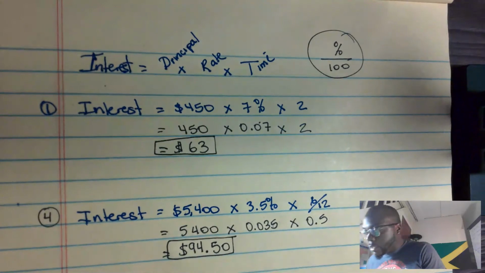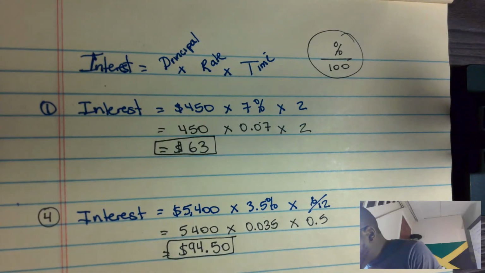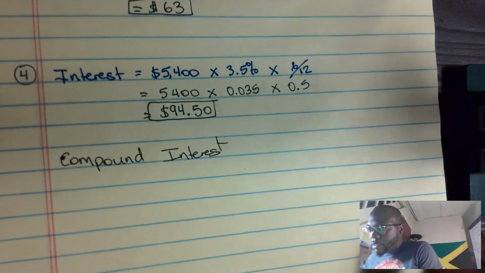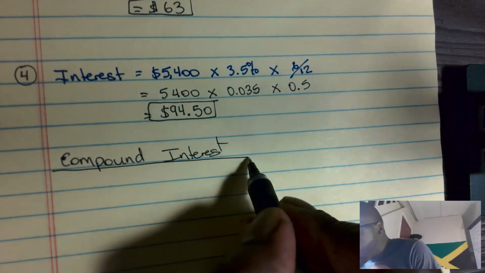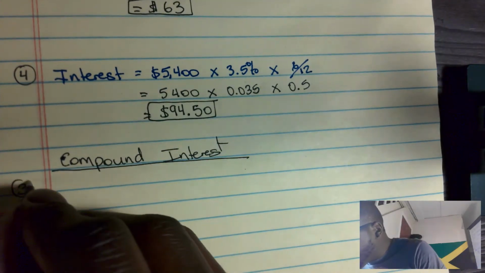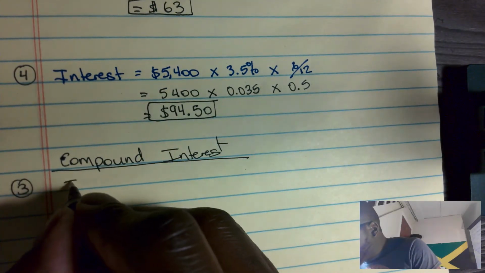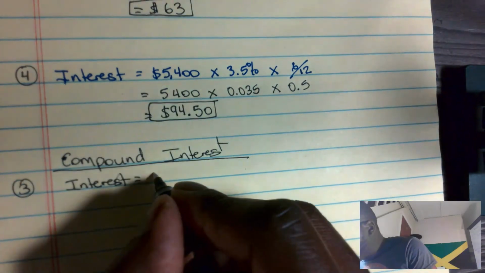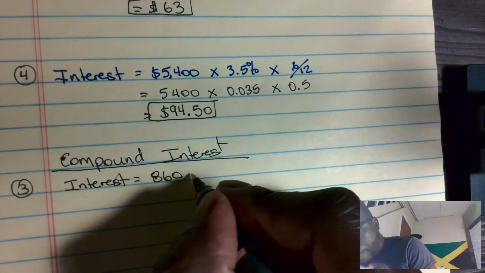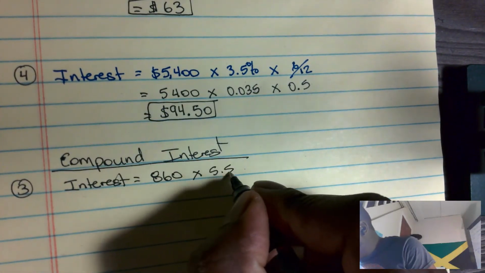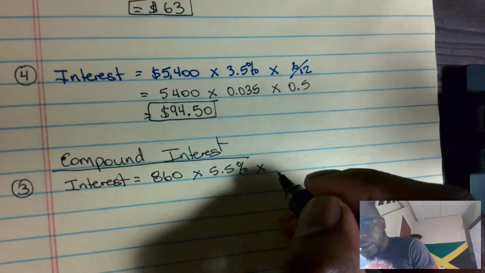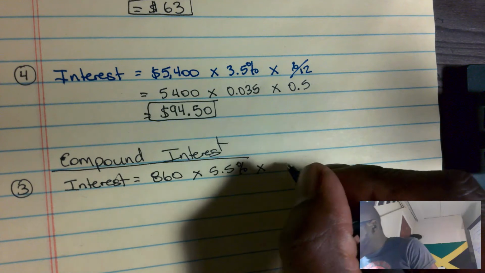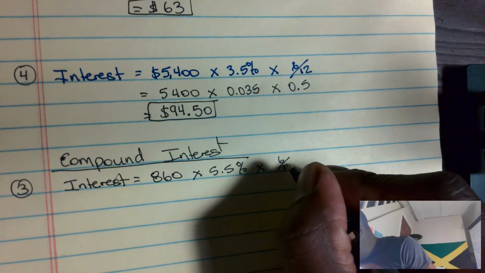It's the same thing. I'm going to write compound interest here, number 3. Interest is equal to 860 times 5.5%, times, it says compounded semi-annually, so this is 6/12.